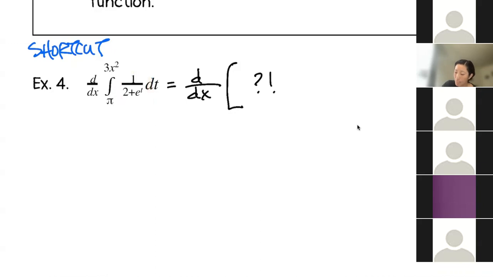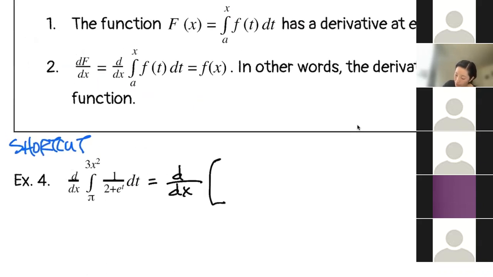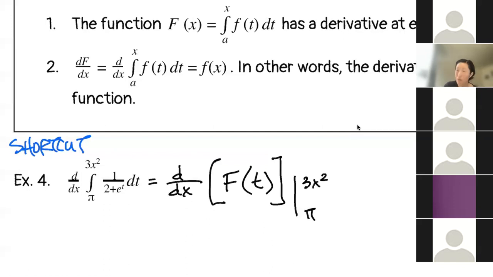But I wonder if we could be clever about our notation and not panic, but say instead, maybe we can use this capital F to say, whatever that function is, we took the antiderivative. And so we might actually write this F of t, and then we're going to plug in 3x squared, and then we're going to plug in pi.